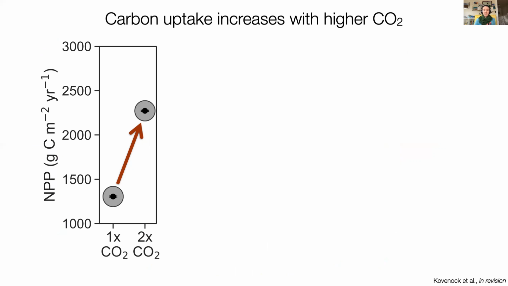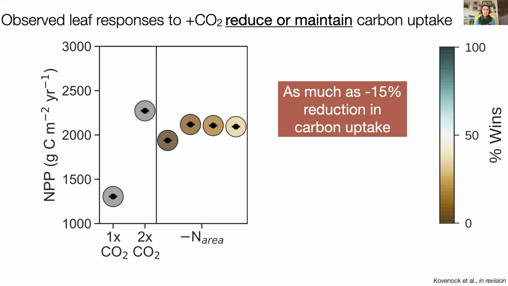But if we then look at how this is moderated by these changes in other plant traits, we see that in this part of the response space where nitrogen per area decreases, in that lower triangle, there can be as much as a 15% reduction in that carbon uptake.